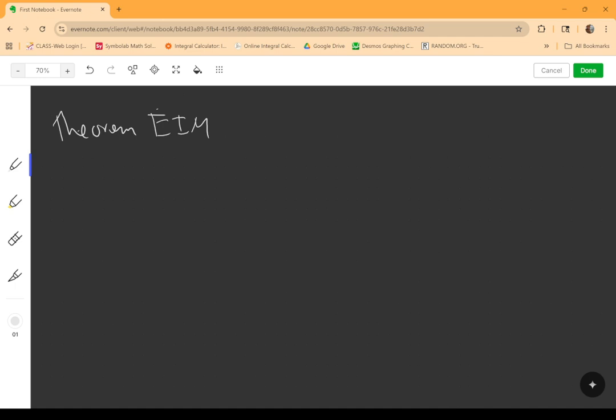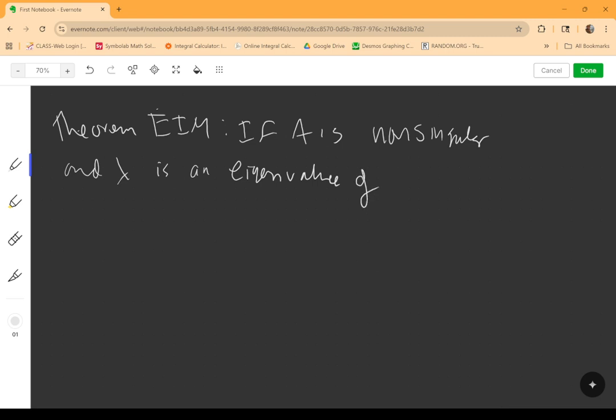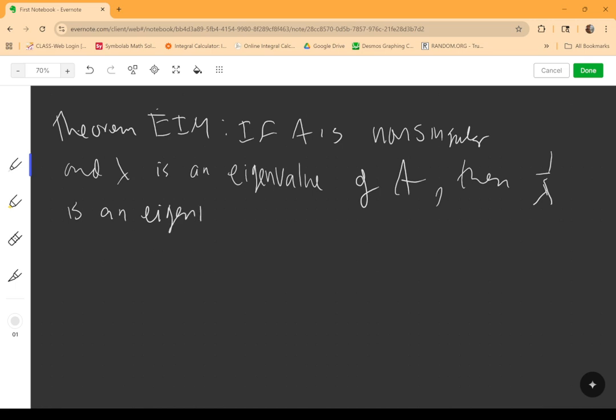Theorem EIM states that if A is non-singular, and lambda is an eigenvalue of A, then 1 over lambda is an eigenvalue of A inverse.